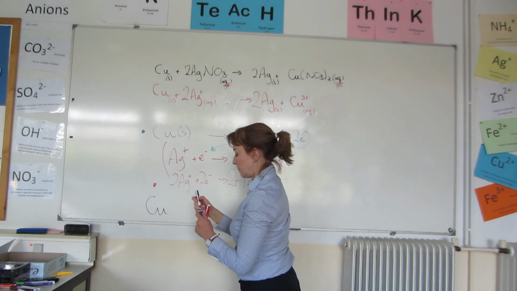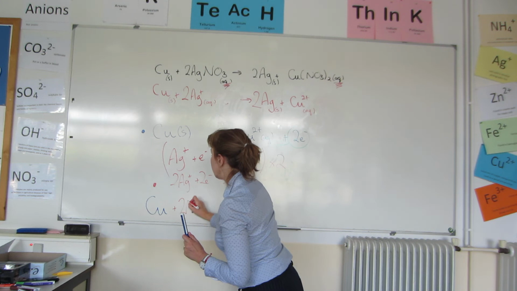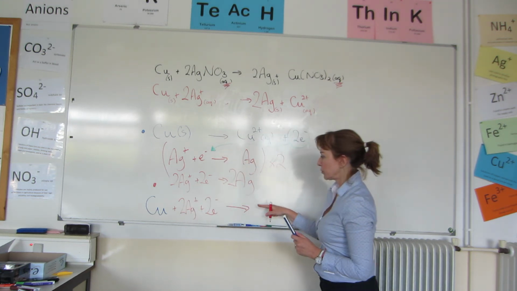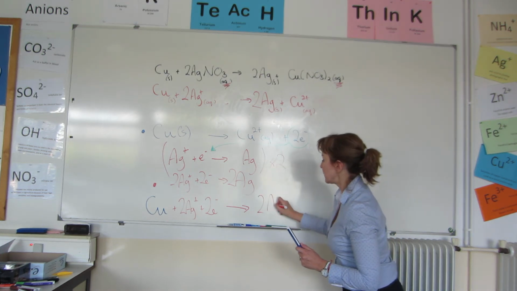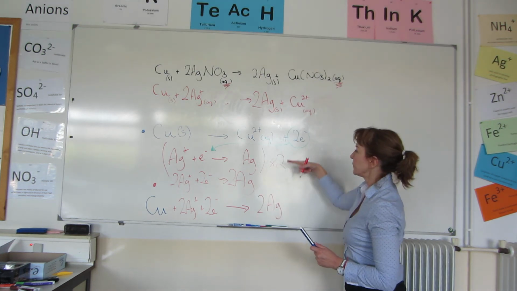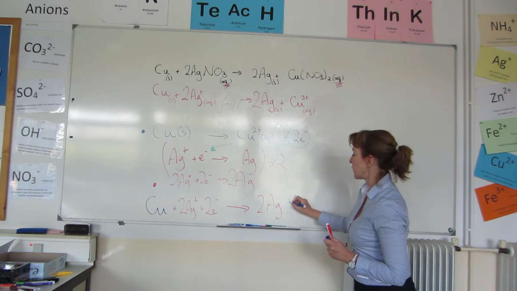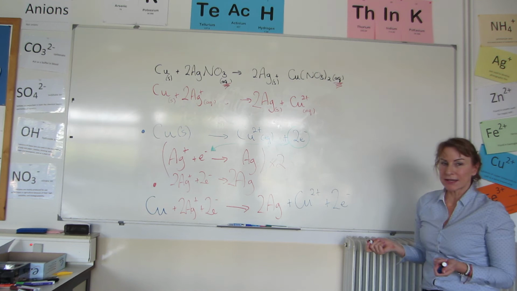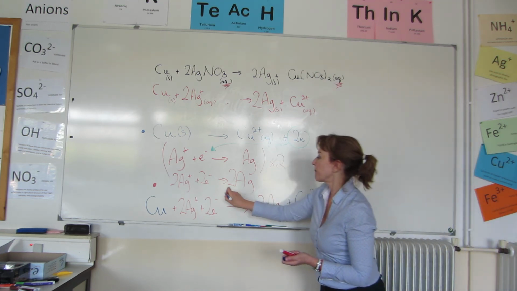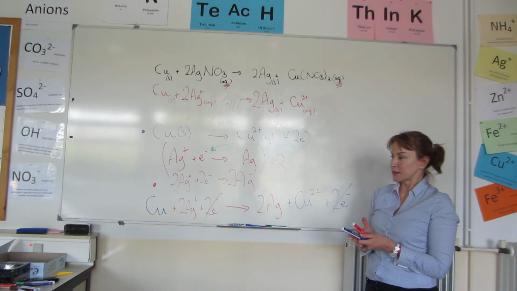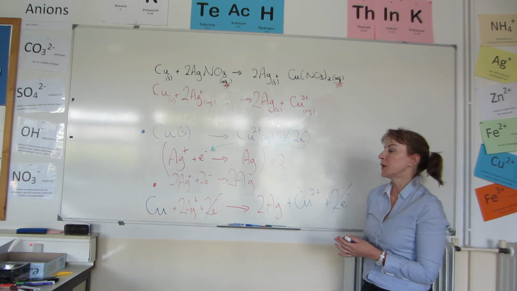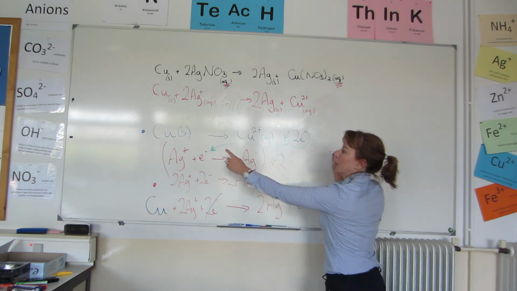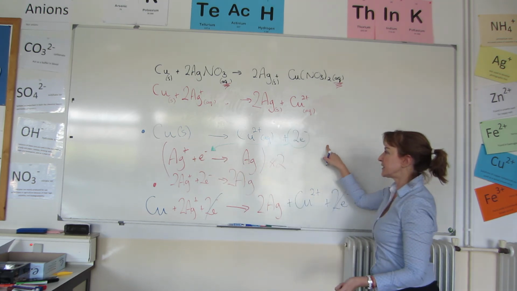Copper plus 2 silver ions plus 2 electrons goes to what? 2 silver from here. What are the products from the other half equation? Plus Cu2+ plus 2 electrons. Can I cancel something out? The electrons.